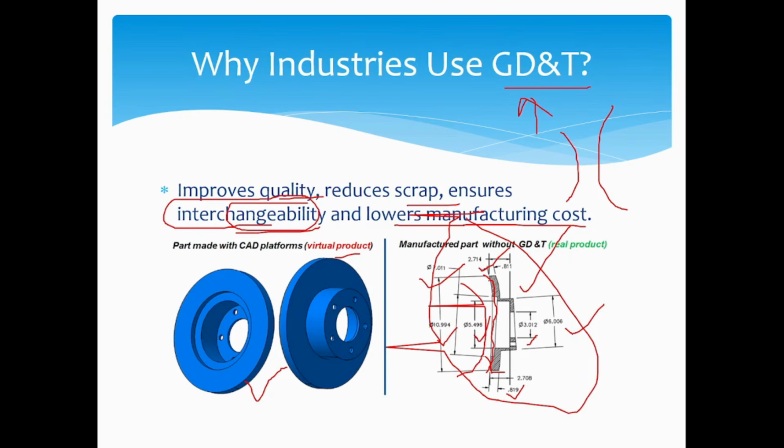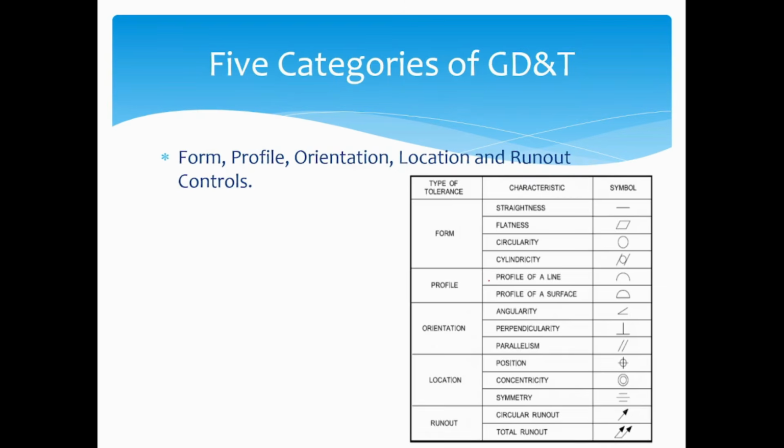Now we will discuss the five categories of GD&T, and this is the most repeated question of any interviewer, especially when you are at the beginning stage of your engineering design career. The five types of tolerances are form, profile, orientation, location, and runout.